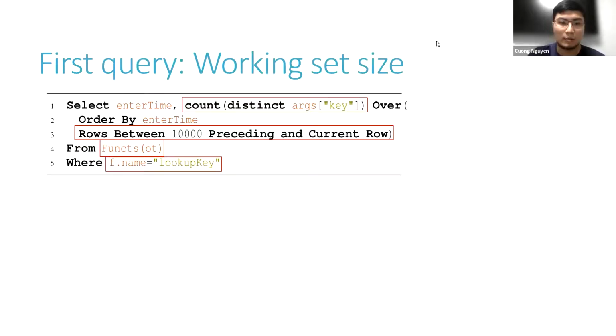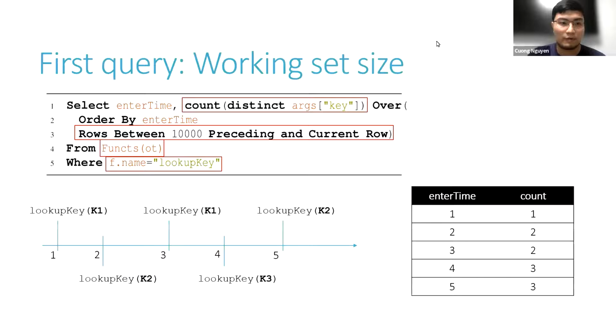in this window. For example, here I show a timeline of when the lookupKey function is called. Time goes from left to right. At time 1, there's only one call, with key K1, so there's one unique key. At time 2, there are two keys being called, K1 and K2, so the number of unique keys is 2.